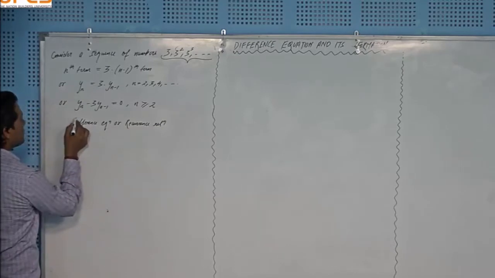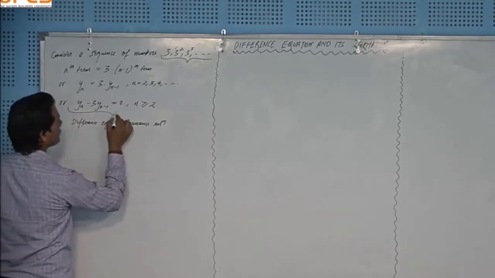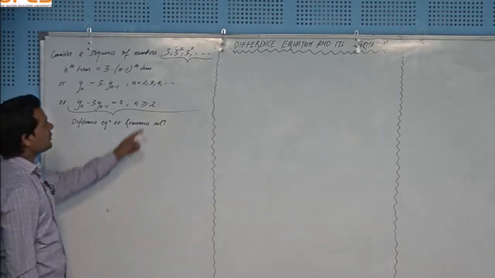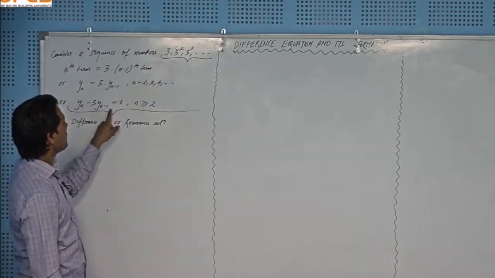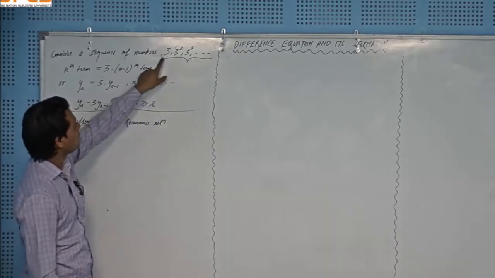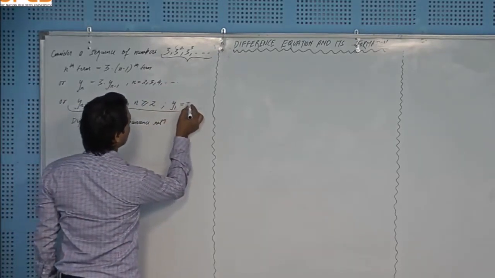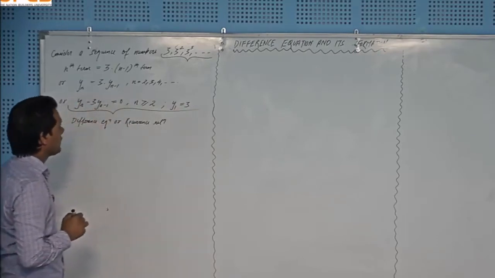Both of these terms are used frequently. And one more thing, what about the first term? Because this rule is valid for the second term onwards, the first term should be given explicitly. So y1 is equal to 3.